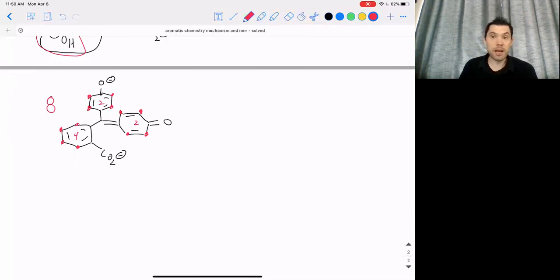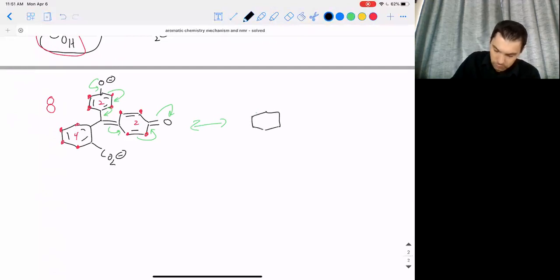The downside is that answer is actually going to be incorrect. And the reason it's going to be incorrect is because of resonance. So we can take these electrons, swing them down, push these out, move these up, move these over, and we can generate a resonance structure that now has the 2 rings swapped.